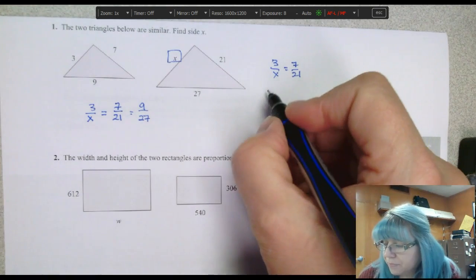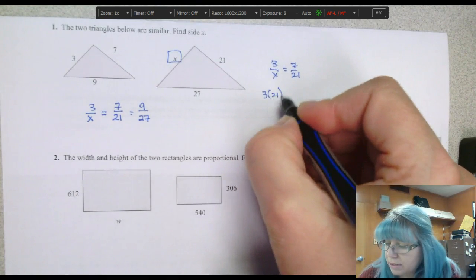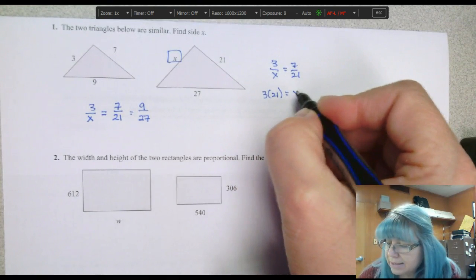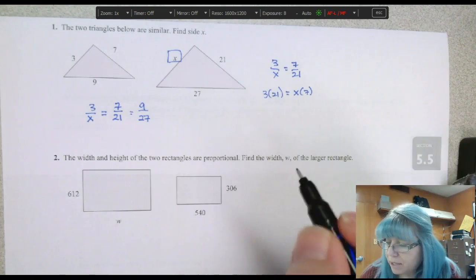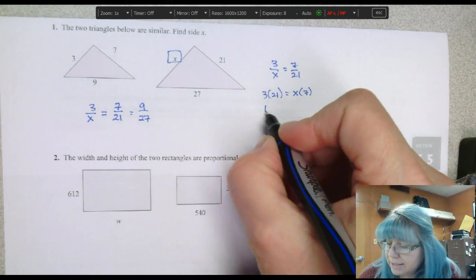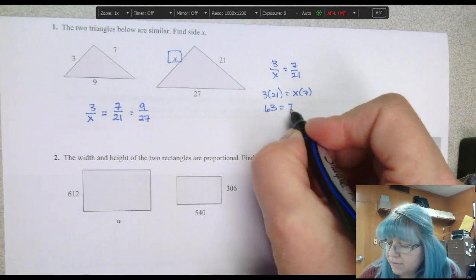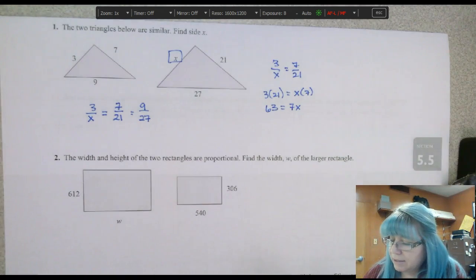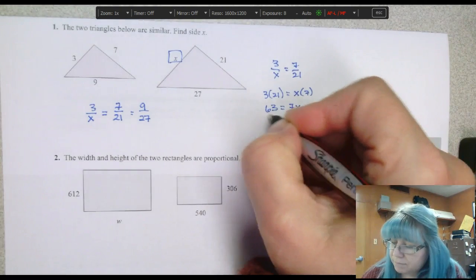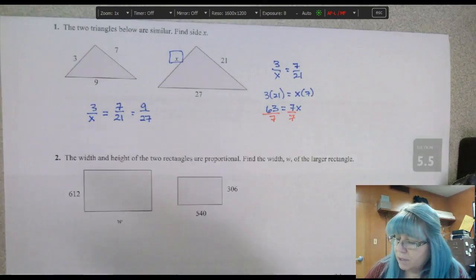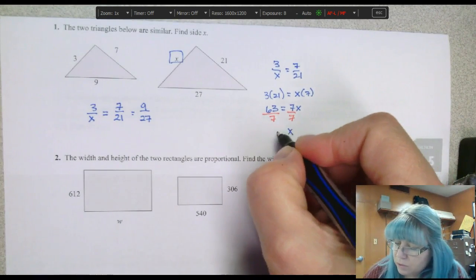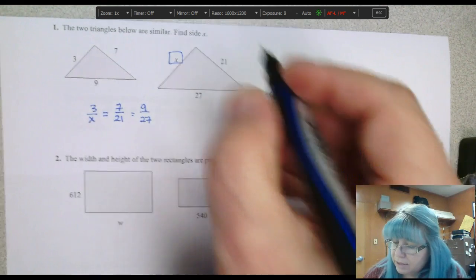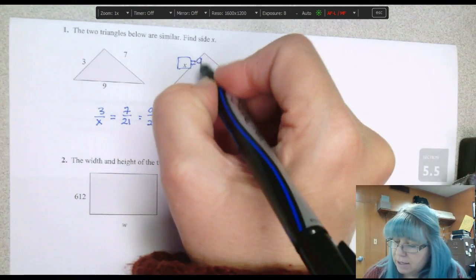Extremes and means. 3 times 21 will equal x times 7. 3 times 21 is 63 equals 7x. Let's divide each side by 7. Therefore, x will equal 9. So this side must equal 9.